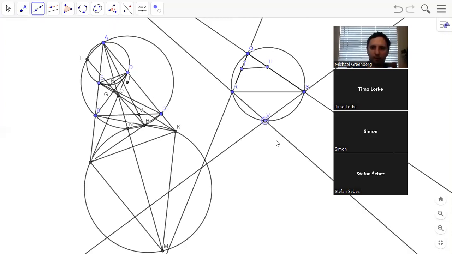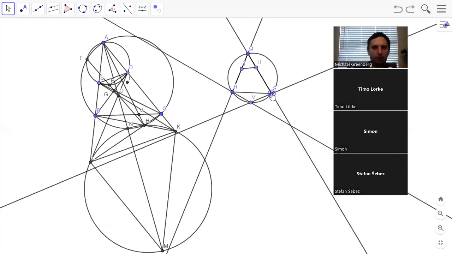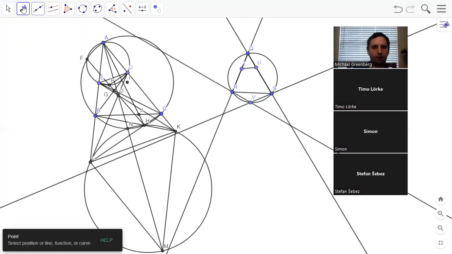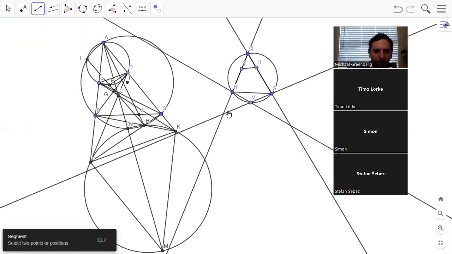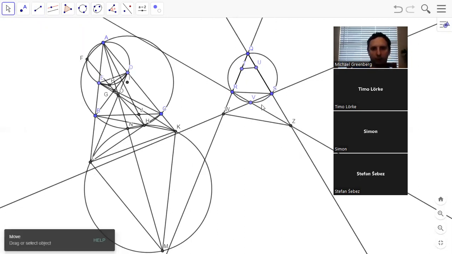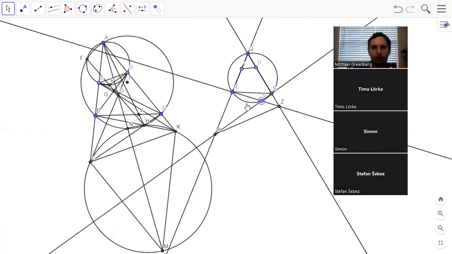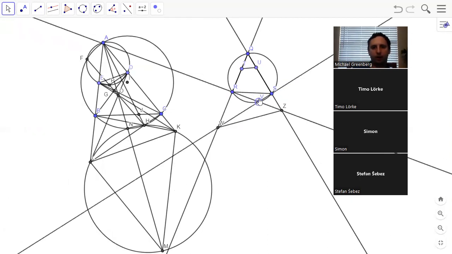Sorry. I think it should be true because, in other words, as we move V around, the slope of this changes.